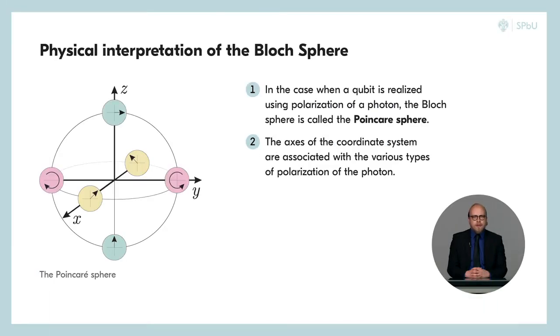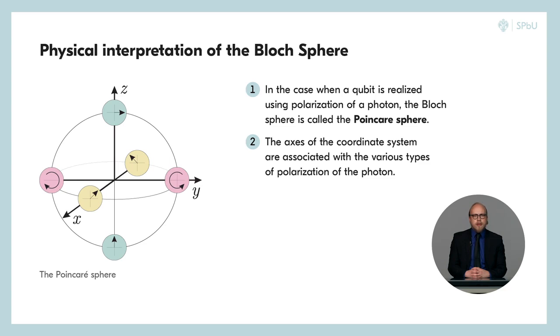Each of the introduced axes of the Bloch sphere has a certain physical interpretation related to the nature of the system under consideration. In the case when the qubit is realized with the help of the spin of atoms, the directions of this axis are associated with the direction of the spin. In the case when qubits are realized using polarized photons, these directions correspond to the types of polarization of photons.